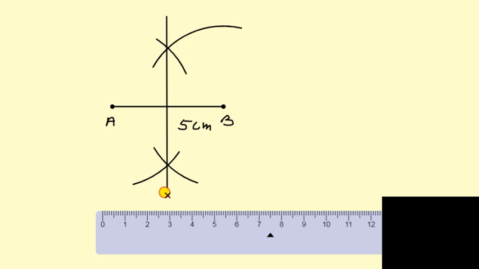Now keep the compass at B and make an arc here. You can make this arc like this, and secondly make this arc. Now remove the compass and draw a line segment like this.